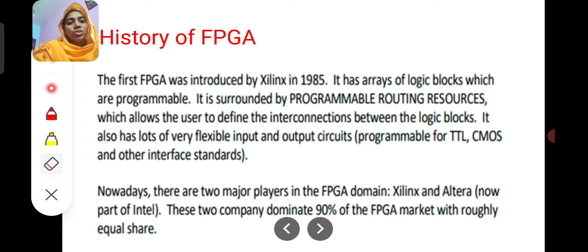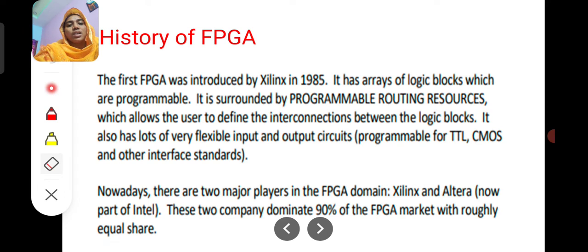The first FPGA was developed by Xilinx in 1985. It has arrays of logic blocks which are programmable. It is supported by programmable routing resources, which allow the user to define the interconnections between the logic blocks.